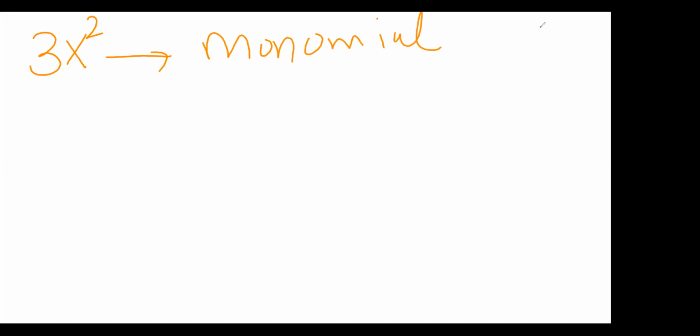So if you have 3x squared, we call it a monomial. Now, do you know in English or chemistry when you say monocycle or unicycle?